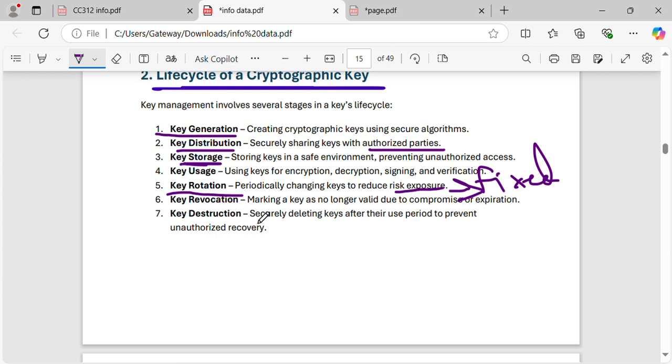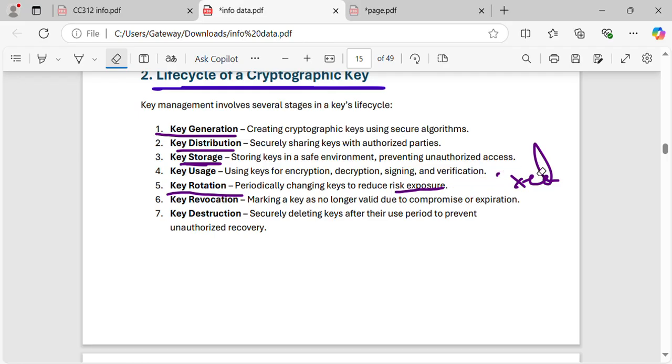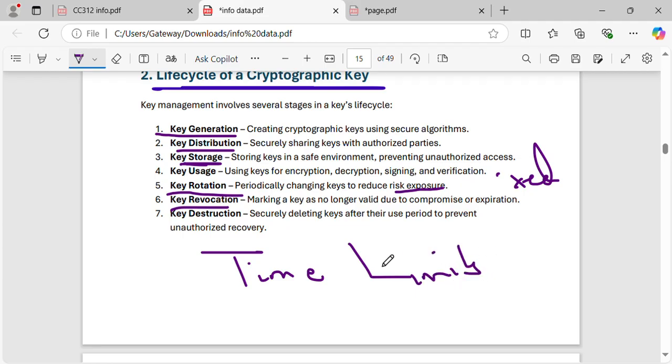Key revocation, making a key no longer valid due to compromise or expiration. So if something bad happened, or maybe the keys expired, they of course have time limits for which they are valid, and that's why we use this compromise or expiration thing.